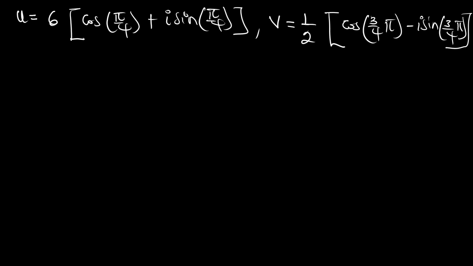So we have these two complex numbers and we are asked to find u times v. So we are finding u times v in the form a plus bi.